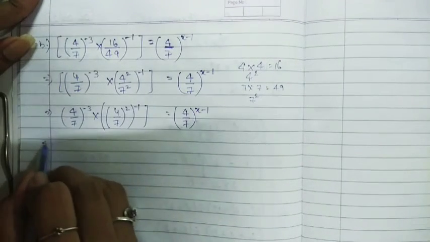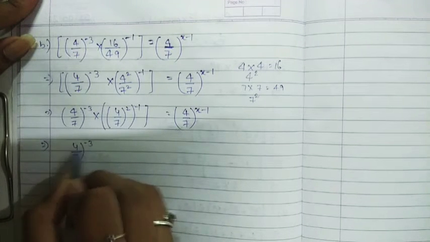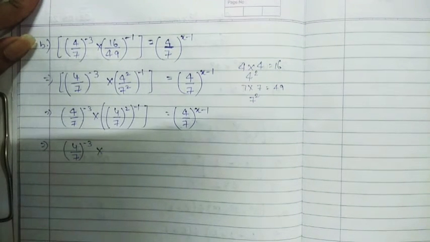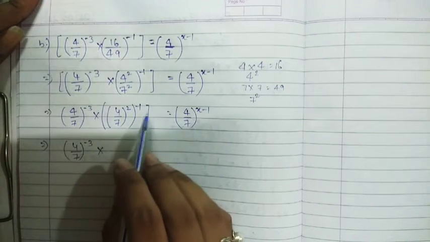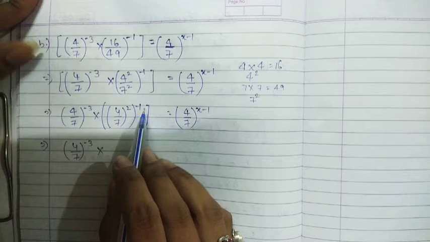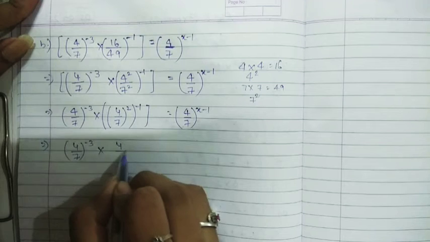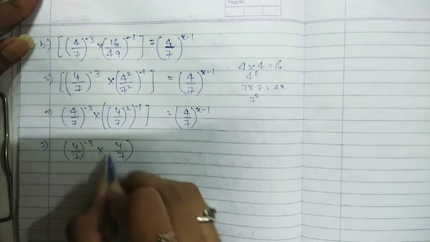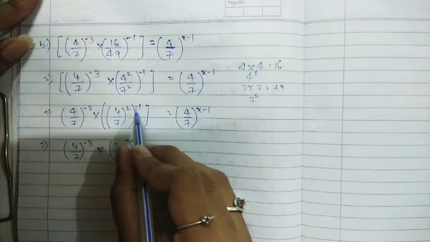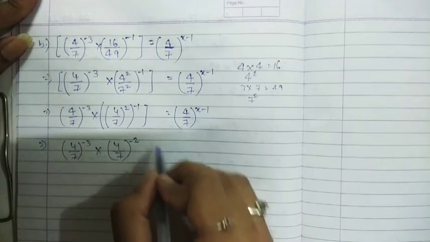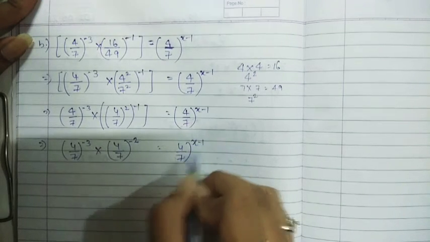So in this 4 over 7 minus 3 multiply 4 over 7 and the power, एक हमारी अंदर है एक हमारी बाहर है, यानी कि m मल्टीप्लाई बाय n. तो हम करते हैं m मल्टीप्लाई बाय n, that is 4 over 7 here minus 2, because 2 ones are 2 and the negative sign is here. Equals 4 over 7 to the power x minus 1.